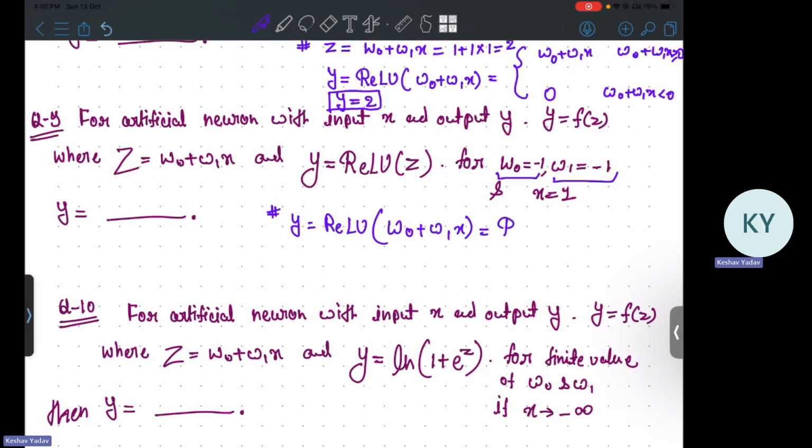That will be equal to ReLU of minus 1 plus minus 1 multiplied by 1. So that will be equal to ReLU, rectified linear unit, of minus 2. It is less than 0, so it will be equal to 0. So my y will be equal to 0 in this case.